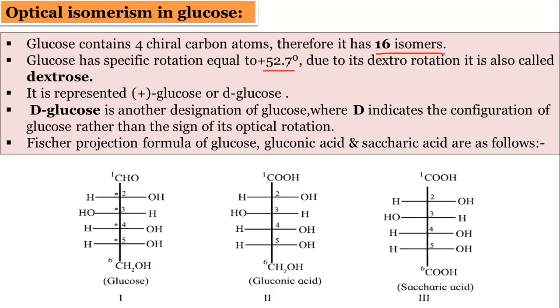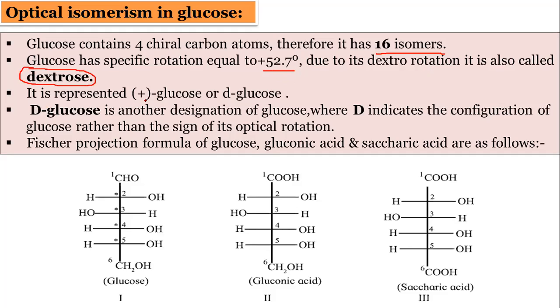When the plane polarized light is passed through the glucose, the dextro rotation, the angle of rotation is shown plus 52.7. This is angle of rotation. Due to its dextro rotation, it is called as dextrose. हे आपण अगोदरच बघितले. Glucose is called as dextrose because of the dextro rotation of plane polarized light.